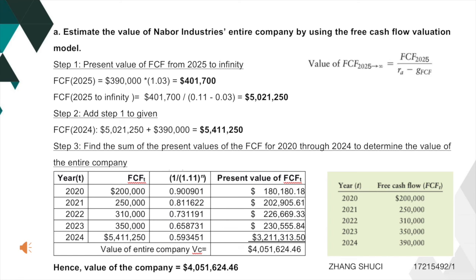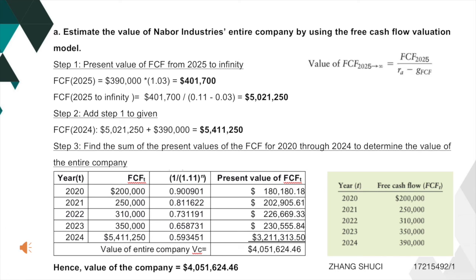With the free cash flow the question has given and the discounting factors we calculated, we multiply these 2 together, free cash flow times the discounting factor, to get the present value of the free cash flow of each year. I have filled in each year in the chart. The sum of the present values of the free cash flow gives us the value of the entire company.